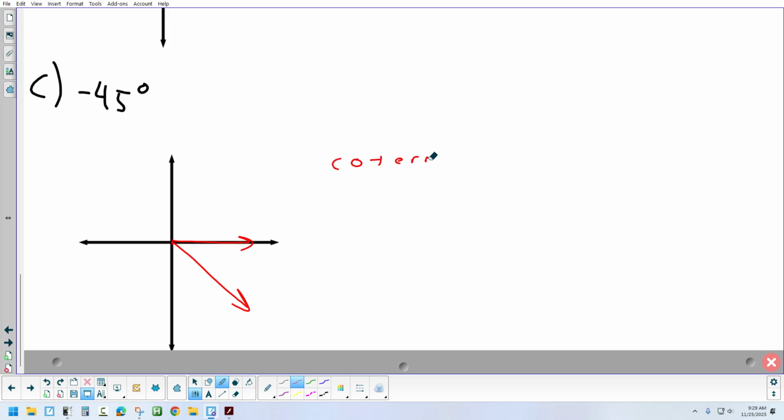One more time. Coterminal. What's an angle that's coterminal with -45 and positive? 315. And an angle that's coterminal with -45, but negative?